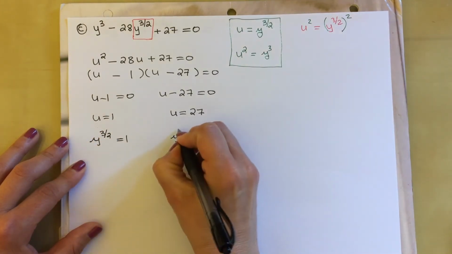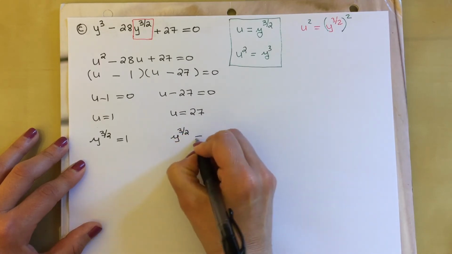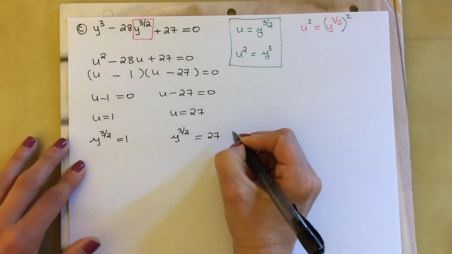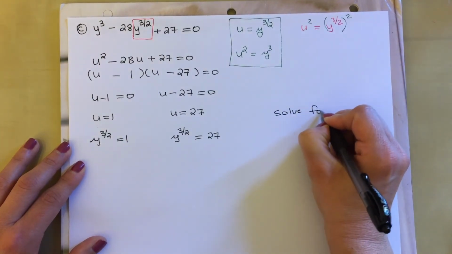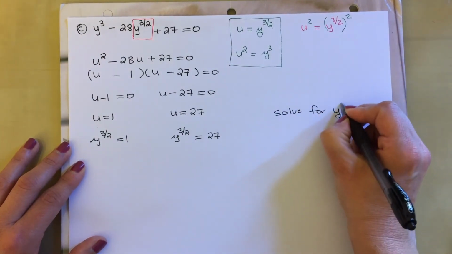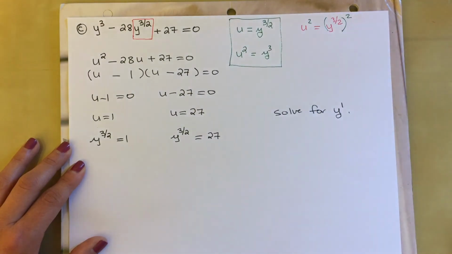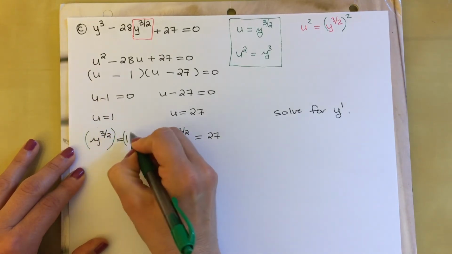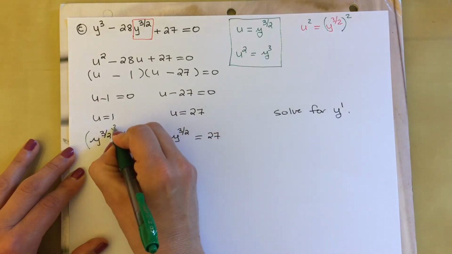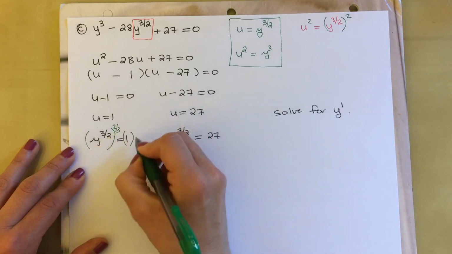Same thing over here. And we need to solve, basically what you have to do is solve for y to the first power. What we need is we're going to raise both sides to the reciprocal 2 over 3.